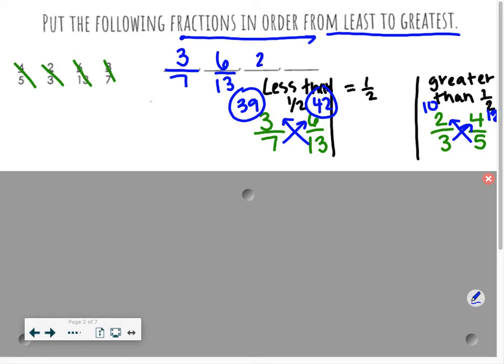Bingo. And that leaves my greatest fraction of this list, which is 4/5.